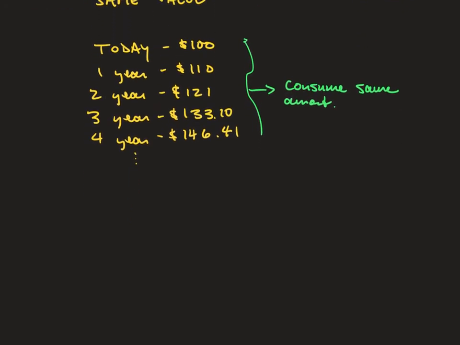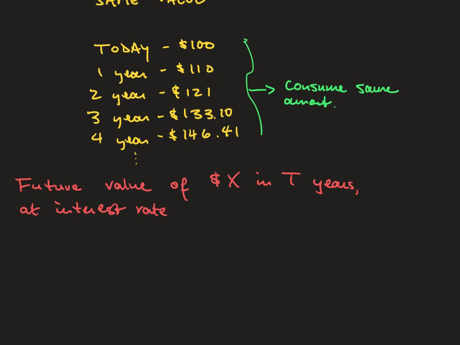Okay, and so let me define the future value of X dollars in T years at an interest rate of R% is X times 1 plus R over 100 to the power of T. This is the formula for the future value of X dollars.